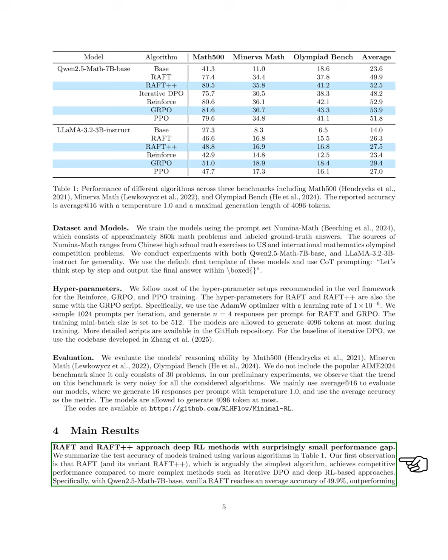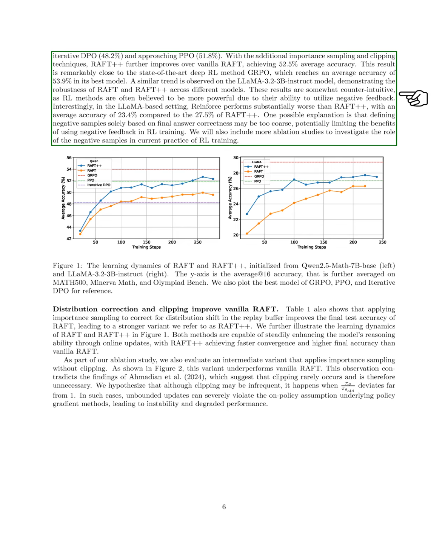For instance, with the Qwen 2.5 Math 7B base model, vanilla RAFT achieves an average accuracy of 49.9%, surpassing iterative DPO's 48.2% and nearing PPO's 51.8%. With the added importance sampling and clipping, RAFT++ improves to 52.5%, closely approaching the best deep RL method, GRPO, which has an average accuracy of 53.9%.